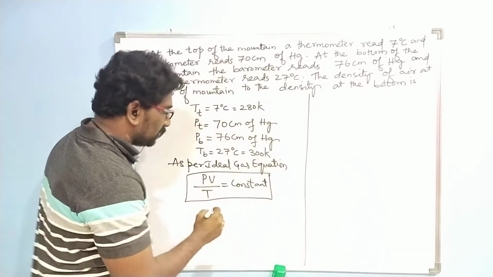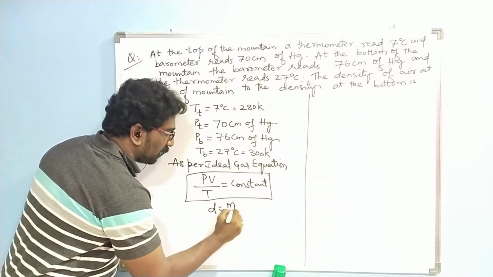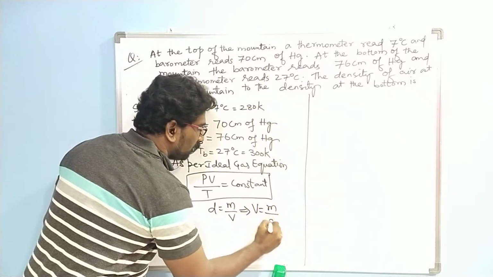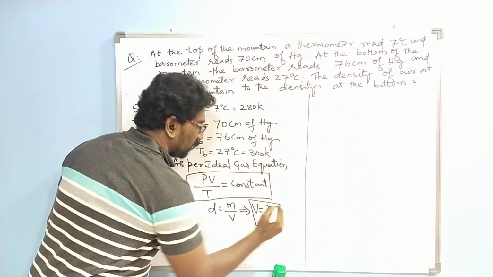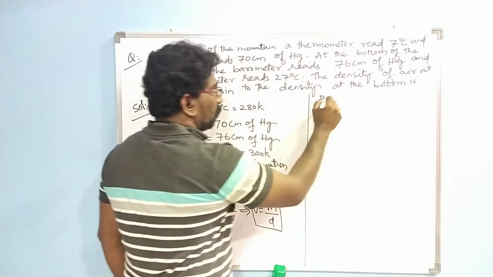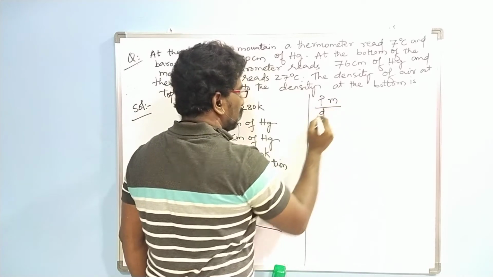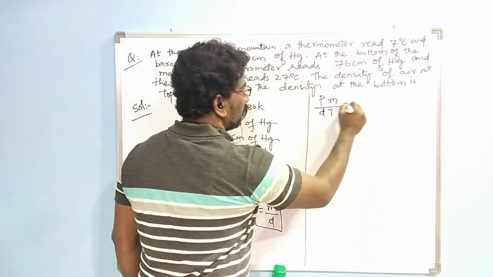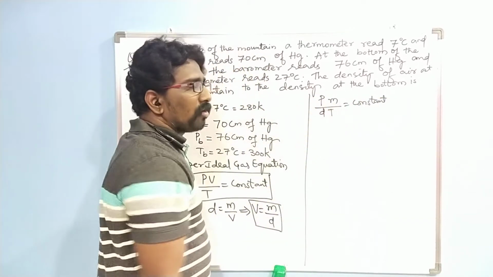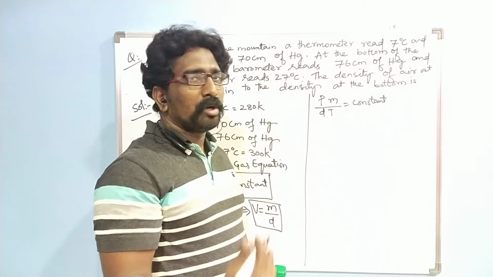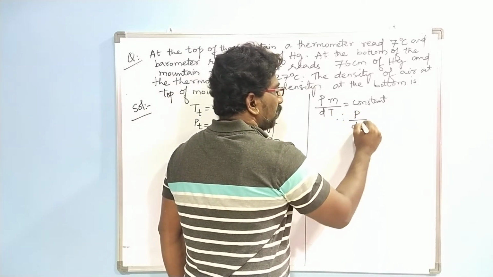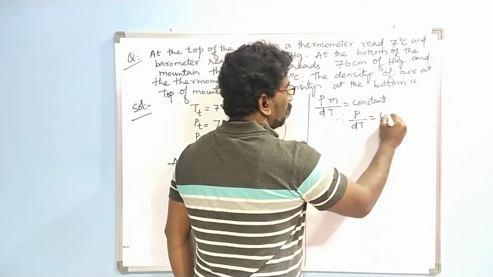We know the formula for density: density equals mass by volume. This implies volume equals mass over density. Substitute this value in the equation, so it becomes P into mass by D into T equal to constant. Here the mass is going to be the same, or constant, on the top and bottom of the mountain. Therefore our equation for this problem becomes P over DT equal to constant.